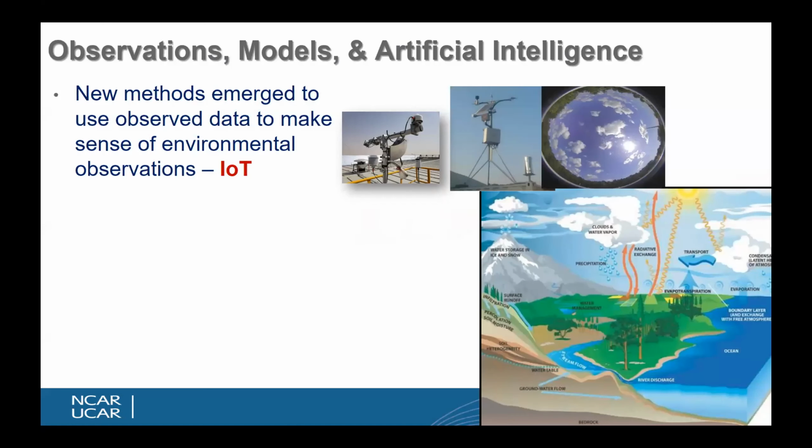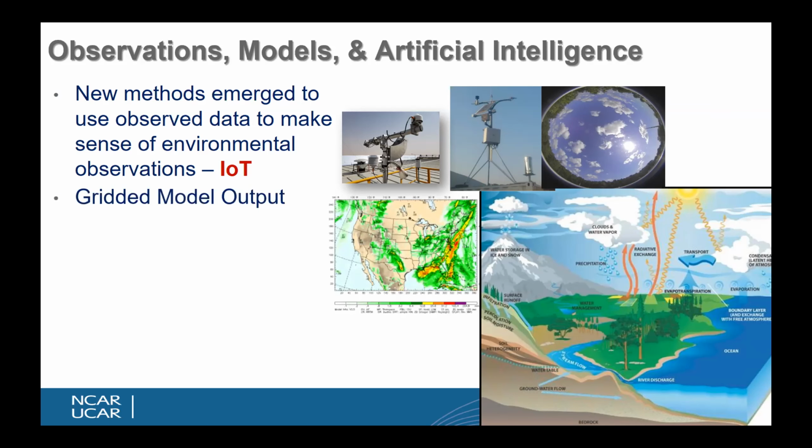So now we're blending observations, models, and AI. New methods have emerged to bring in that observed data. It really is an original Internet of Things. We have real-time data coming in, blending in the gridded model output, where we have the numerical weather prediction models, many of them being run faster than real time.